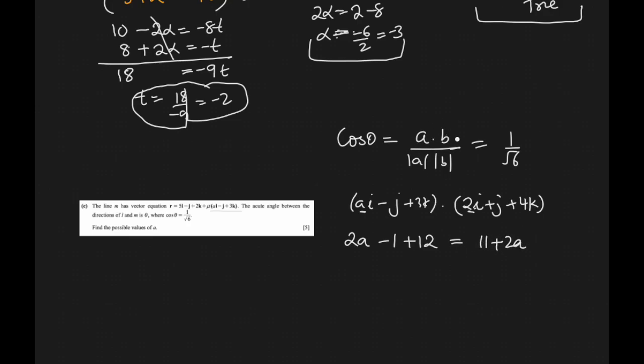That's the numerator. Now we have to find the magnitude of the first vector, which we can call a, because L and M are the names of the lines, not the vectors. So it will be the square root of a squared plus minus 1 squared plus 3 squared, which is 9 plus 1, 10, plus a squared.